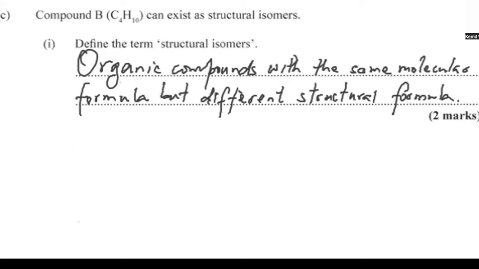All right, that's it. Part 2, in the space provided below, draw fully displayed structures of 2 isomers of compound B. They did not ask us to draw compound B earlier, so we should not have an issue to find 2 isomers.